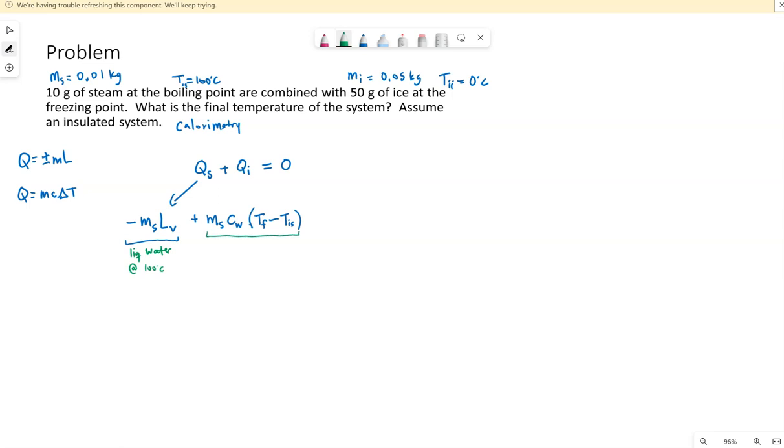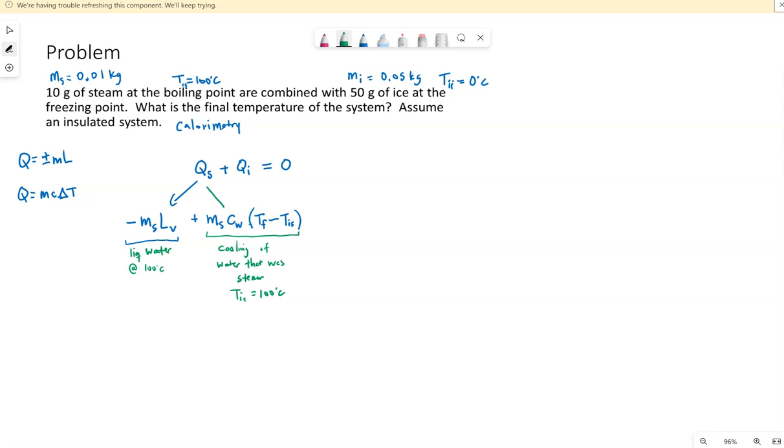So this is now the cooling of the water that was steam. So the T initial for the steam was 100 degrees Celsius.